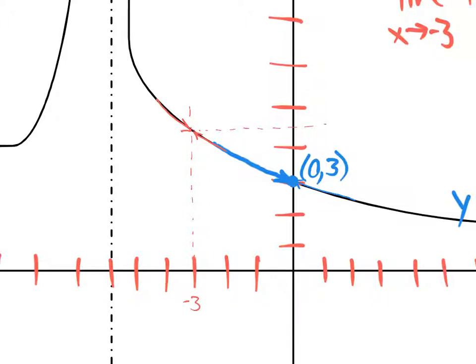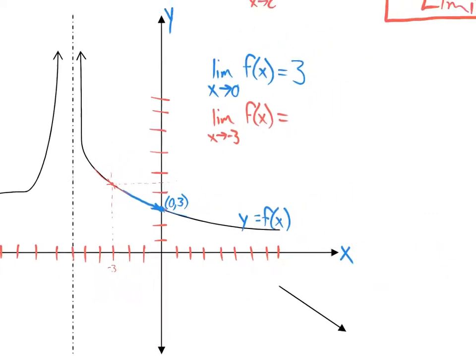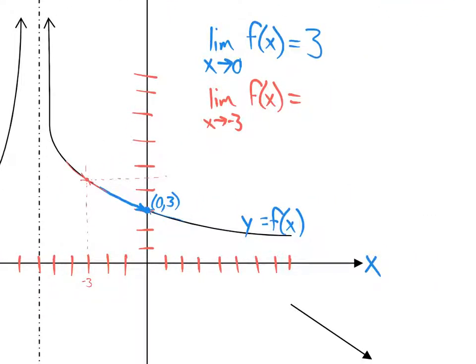So what would we approximate that to be? About 4.5. Again, we're just approximating here, but we would then say that the limit as x approaches -3 is 4.5.